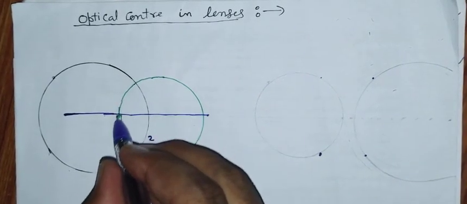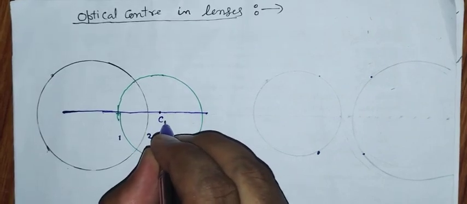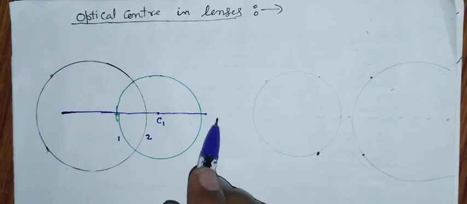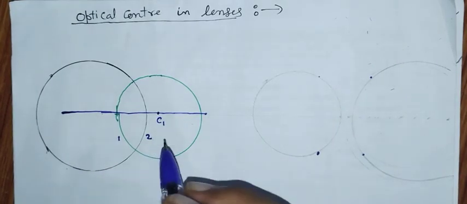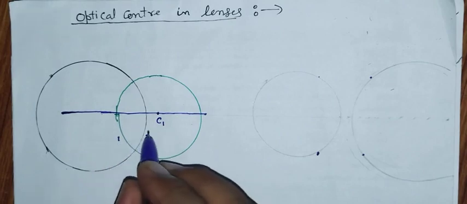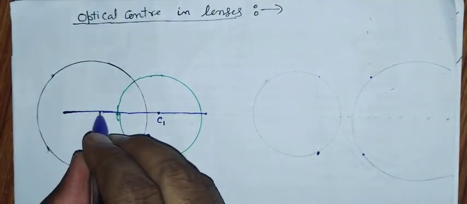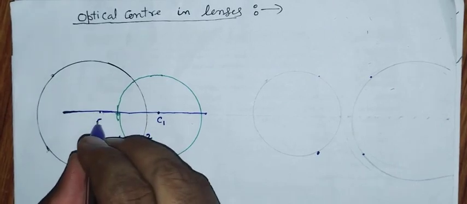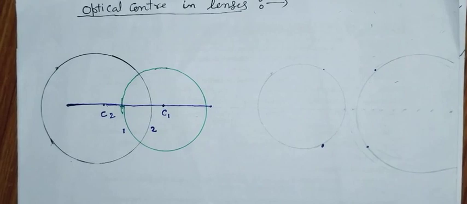For the first surface, the center of curvature C1 lies on the right hand side of the lens in a convex lens, and the second center of curvature C2 lies on the left hand side of it.